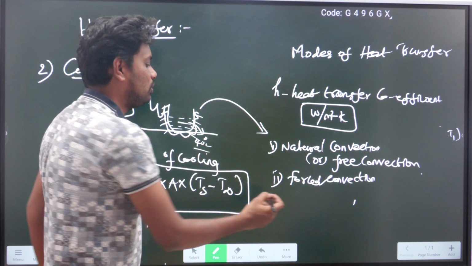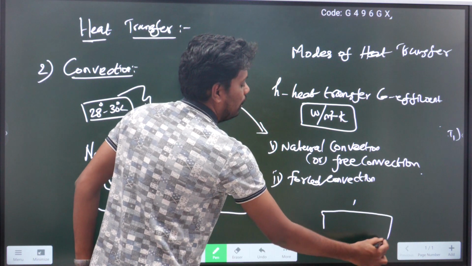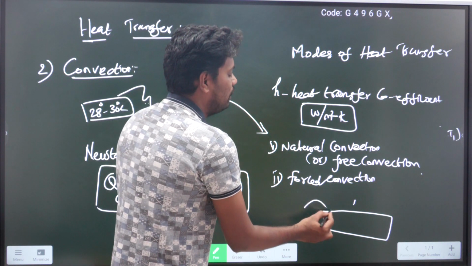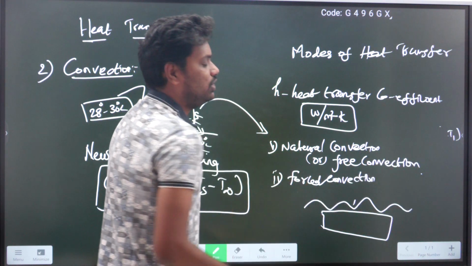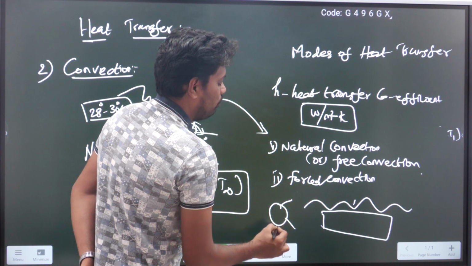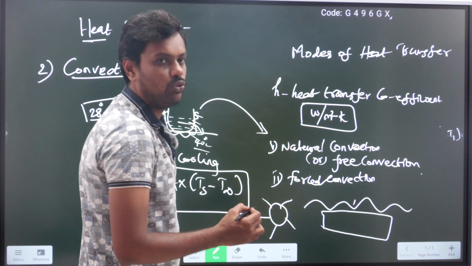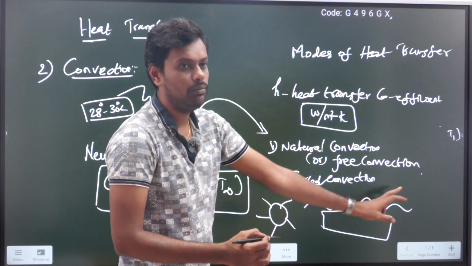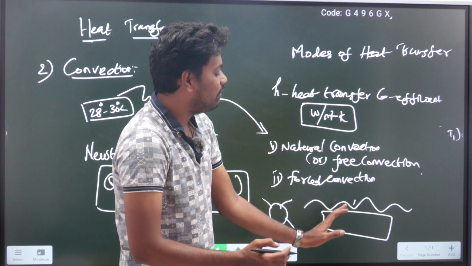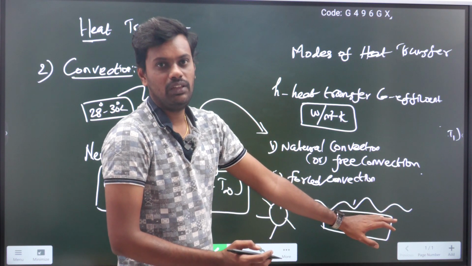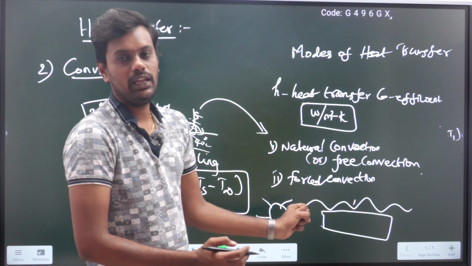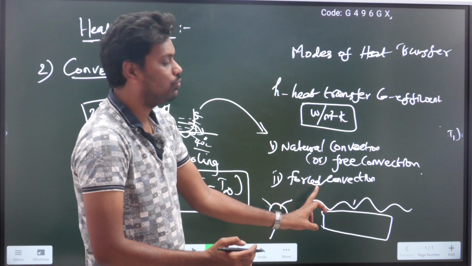Suppose I keep an object in an open room, then atmospheric air will come and flow over it. Instead, if I use a fan, the fan will force the air to flow over the body. So the velocity of the air will be high, and that will extract more heat, so I can improve the heat transfer rate if I use forced convection.